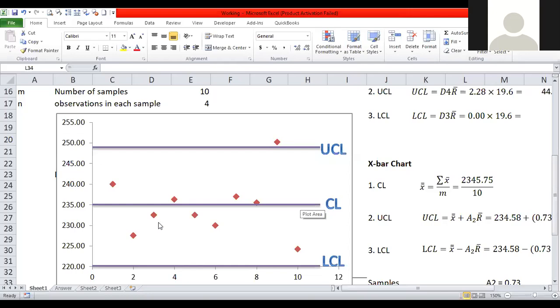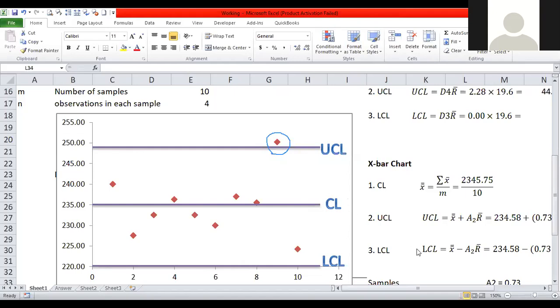What is the sample number? 7, 9. Yes. This one. Sample number 9 is out of the limit.